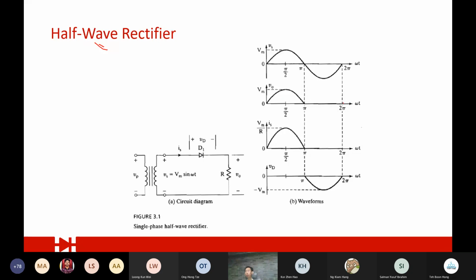Then the cycle repeats. We don't see much application of it nowadays, especially in power conversion, because the conversion efficiency and the ripple factor are not that good. The ripple factor is very, very high, and the conversion efficiency is very, very low.